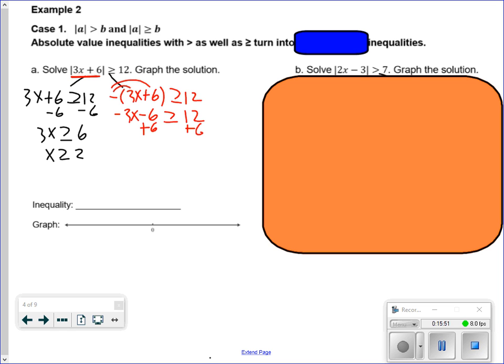Before I multiply by anything, I get negative 3x is greater than or equal to 18. And now I'm going to divide both sides by negative 3 because I'm doing that to both sides. That's when I flip the sign to give me x is less than or equal to negative 6. All right, so I have my two inequalities right here.